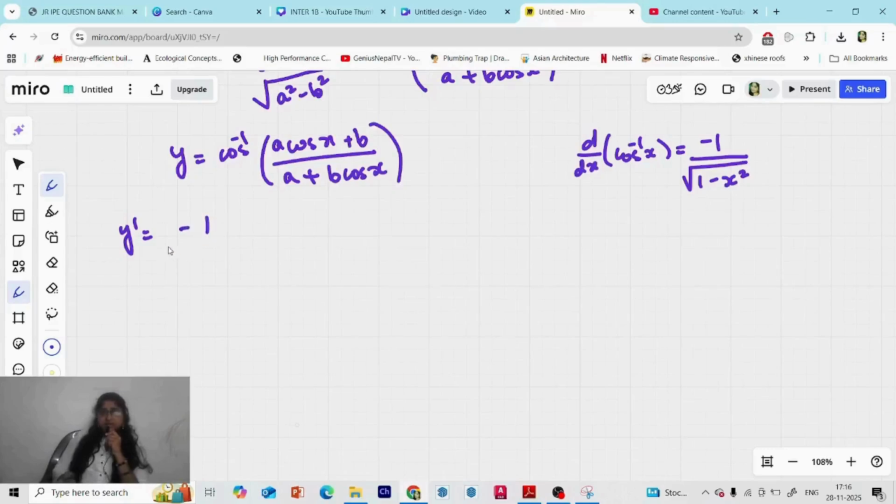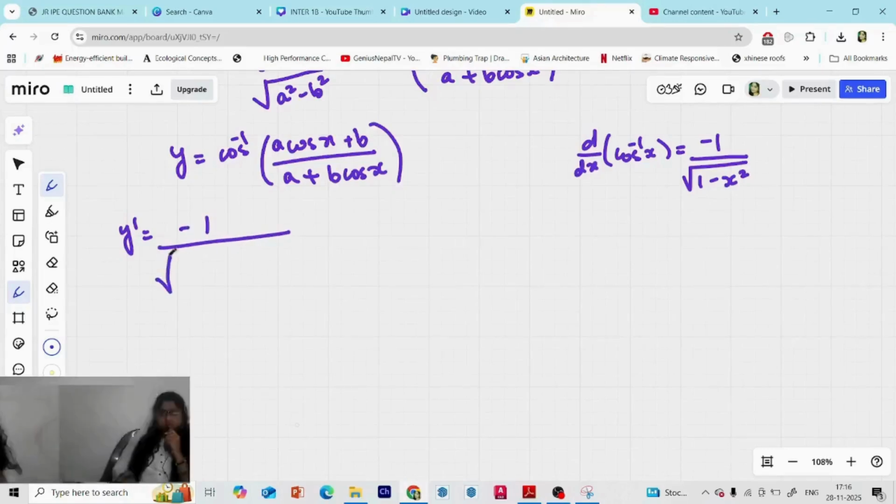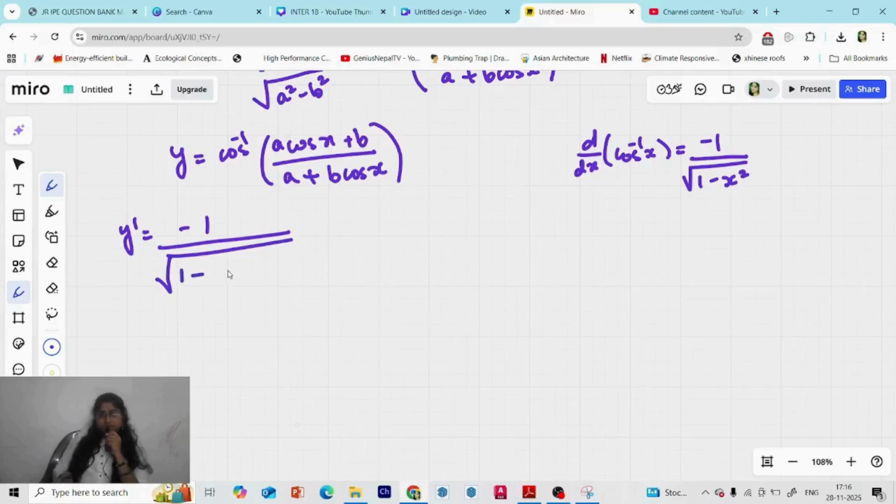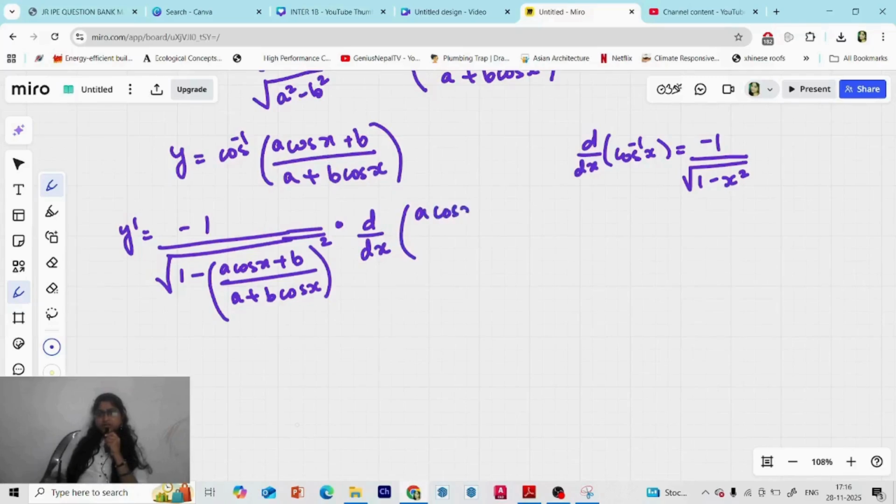Okay, so minus 1 by under root 1 minus (a cos x plus b by a plus b cos x) whole square. Okay, just don't be intimidated, the simplification is quite easy. Into d by dx of what should we do? The inner function. So d by dx of a cos x plus b by a plus b cos x.